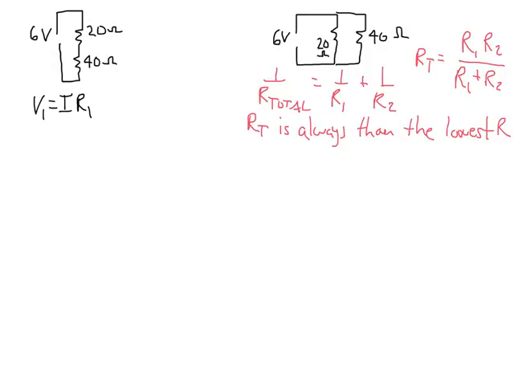We already calculated that current, so V1 is equal to 0.1 amps, 1/10 of an amp, and R1 is 20 ohms, and so V1 is 2 volts.